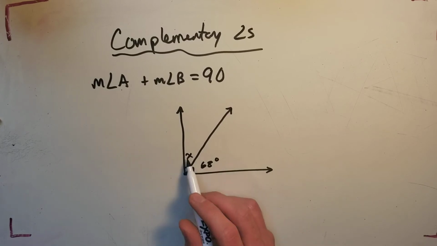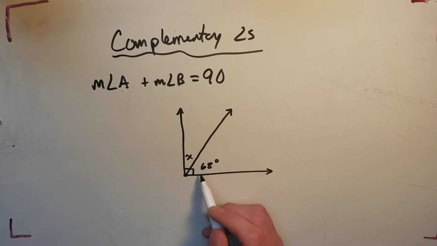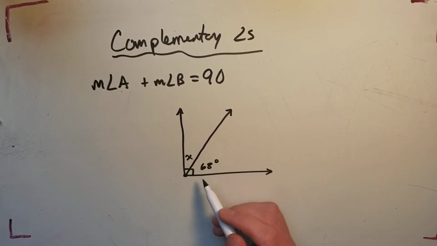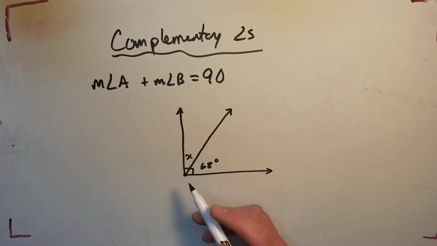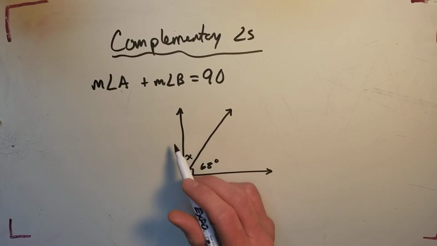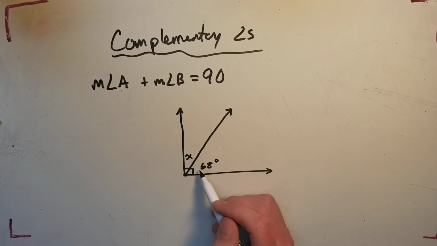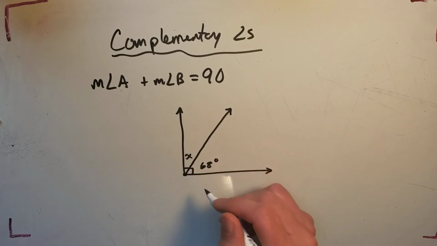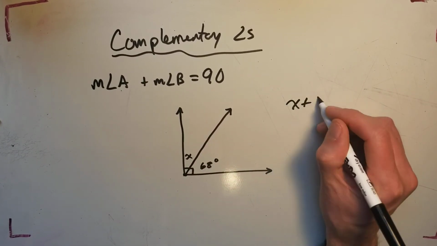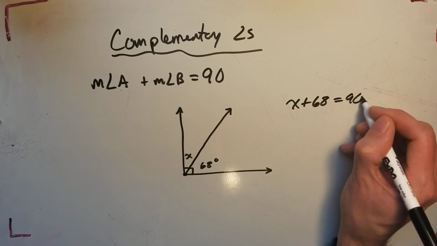We're not told that these two angles are complementary, but we can conclude that they are because if you add them together, they make up the whole right angle, meaning they add up to 90. So simply because it's a right angle split into two smaller angles, they're complementary. To find x, you would say x plus 68 equals 90.